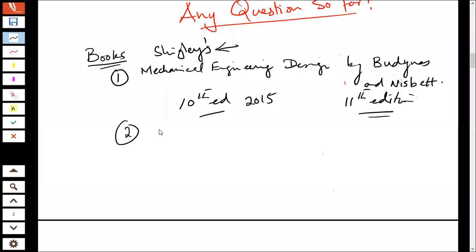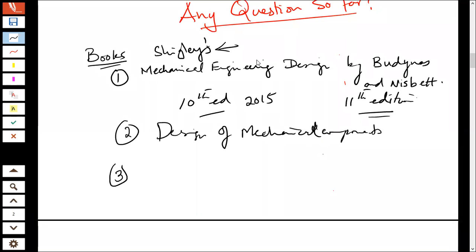There is a book on design of mechanical components, I guess, and you can use that as a reference. You can use some drawing book that will help you in this subject.